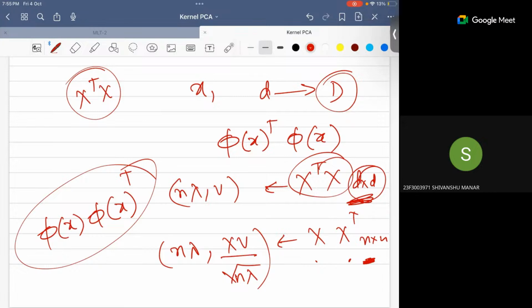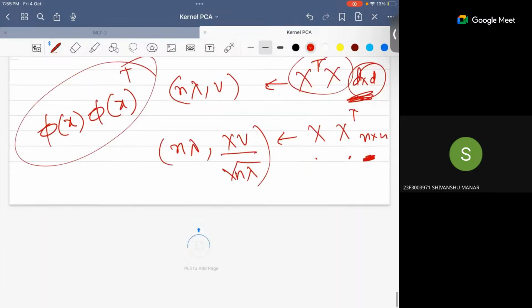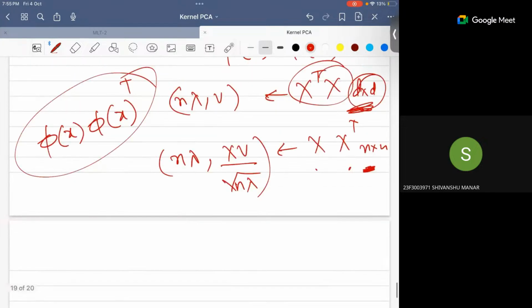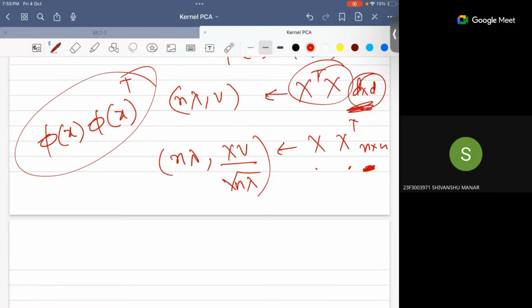But see what happens in the end. Basically both problems have the same solution, sir. Yes, correct. The first problem's solution was that we took the help of the smaller matrix.